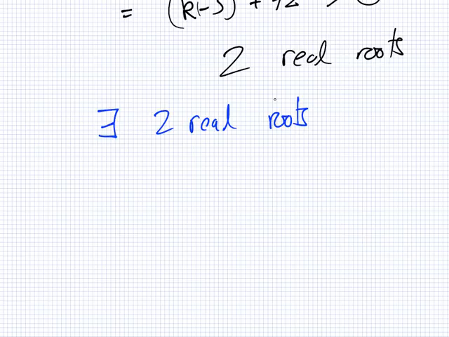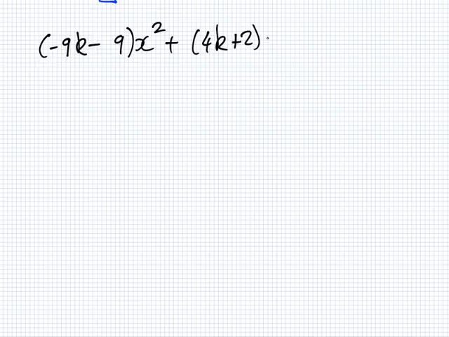So, something like this. Minus 9k minus 9 x squared plus 4k plus 2x. No, sorry, I'm looking at the wrong thing.